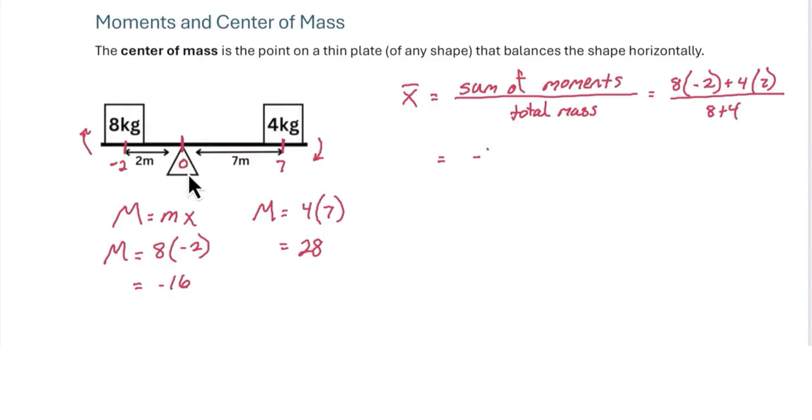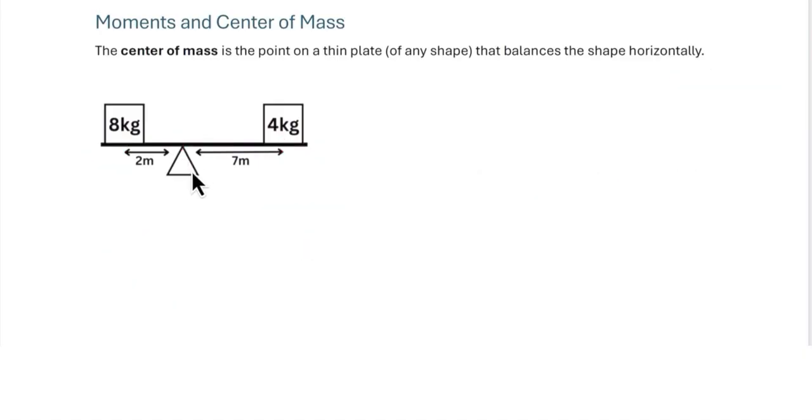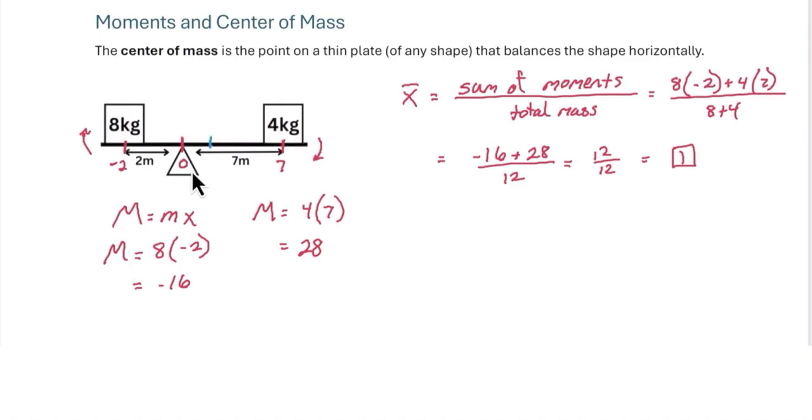This gives us -16 plus 28 divided by 12. 12 divided by 12 is 1. So we now know where that fulcrum needs to be. We would need to move the fulcrum to 1 in order to have a balanced seesaw or a balanced system.